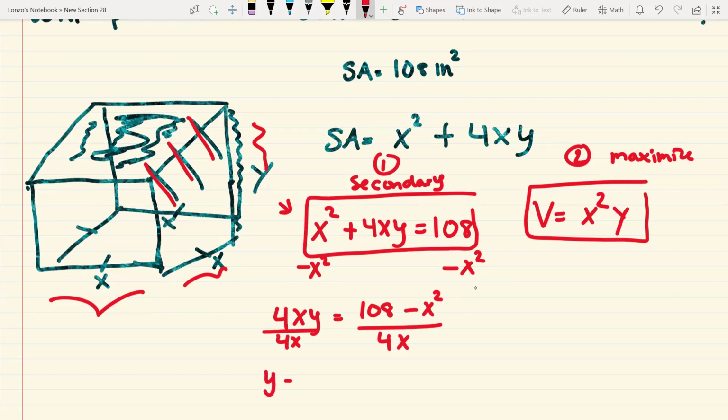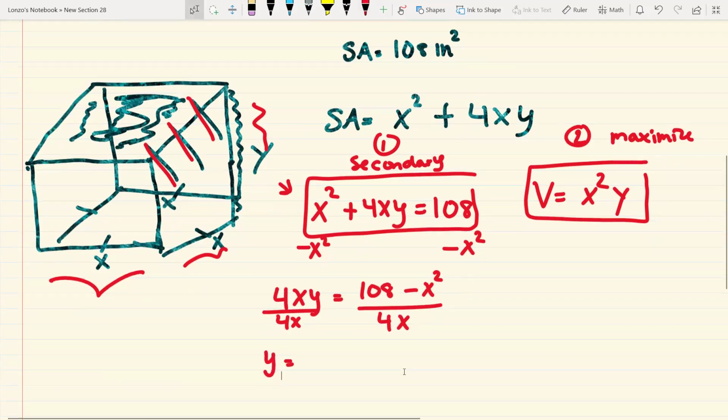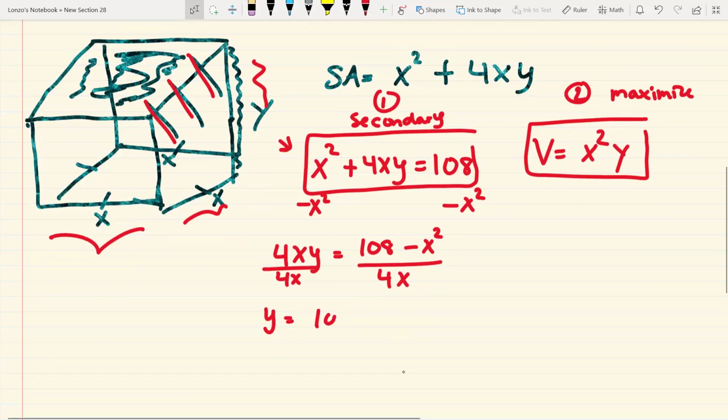So you get y equals 108 minus x squared over 4x. Now I'm going to substitute into the volume so we can have it in terms of x. Should we clean this up?